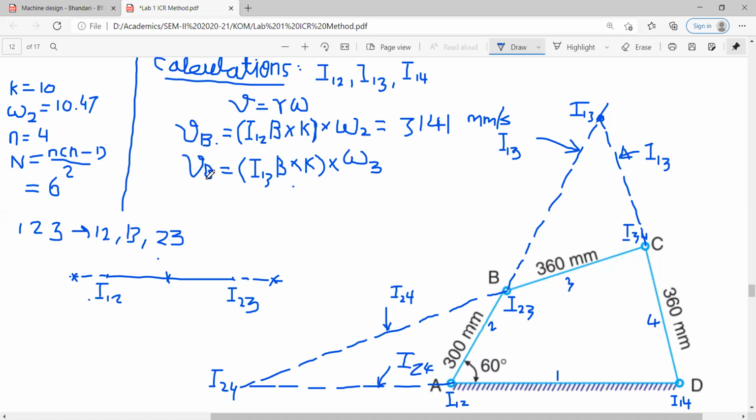Okay. So now you see this equation VB. What is unknown here? Do you know the velocity of point B? Yes, sir.